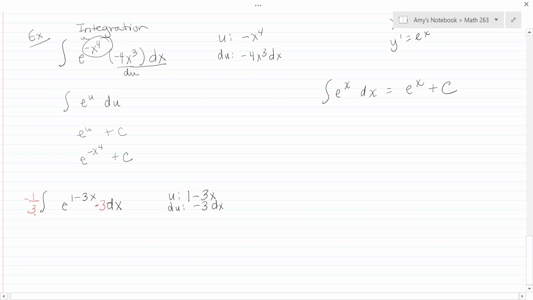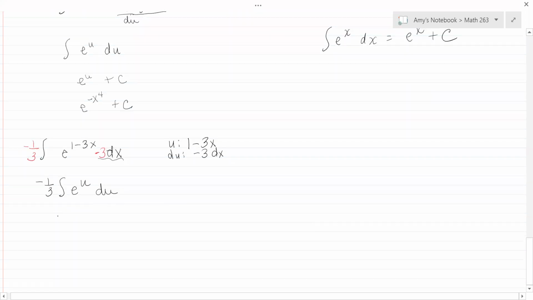So divide by negative 3 on the outside. You have negative 1/3 times the integral of e to the u, and then negative 3x dx is your du. So negative 1/3 e to the u plus c, and then let's plug in our u. So e to the u is 1 minus 3x, and then we're going to add our c.